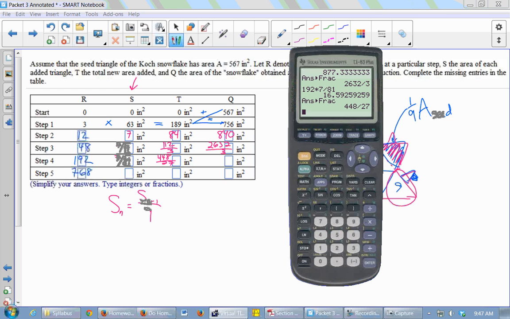Okay. And then you have to add that to the previous area. So I'm going to add that to 2632 over 3 and change it to a fraction. And I get 24,136/27.